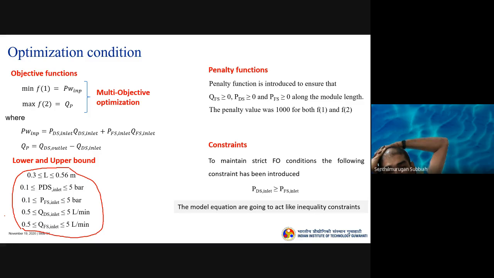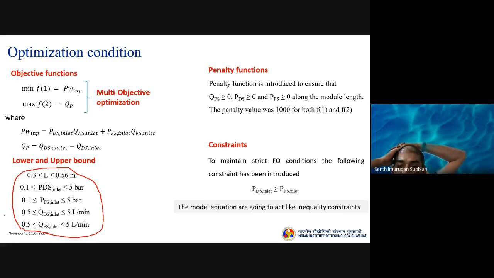If you give a very low feed flow rate, at some point the feed flow inside the module is going to be zero. To avoid that, we should give a sufficient and more than enough feed flow rate, which is QFS greater than or equal to 0 at the outlet. Similarly, the pressure at the draw section should also be greater than 0. It cannot be less than 0.